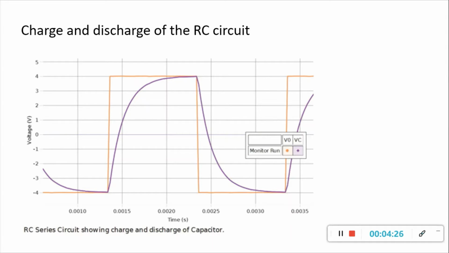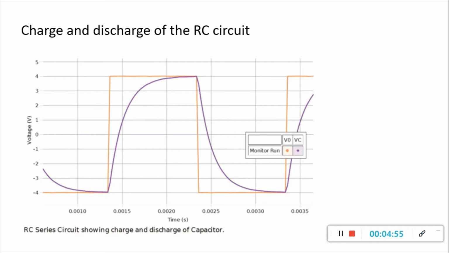If we constantly switch the power supply between on and off, we can see that when the power supply is on, the voltage across the capacitor will increase exponentially and reach its peak value in a certain amount of time.